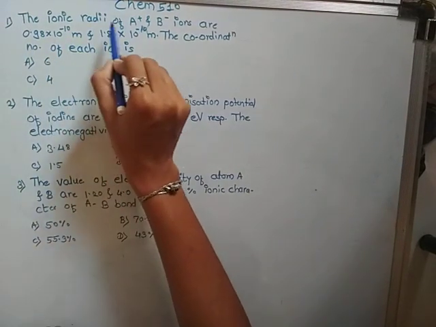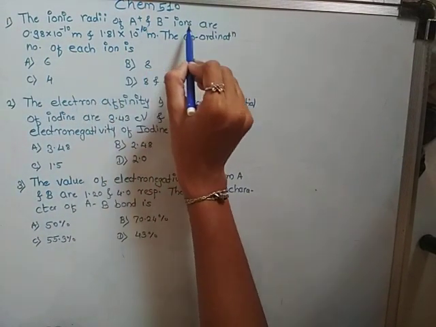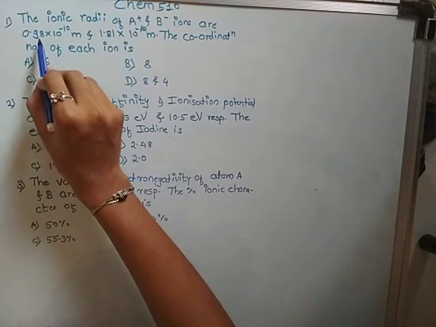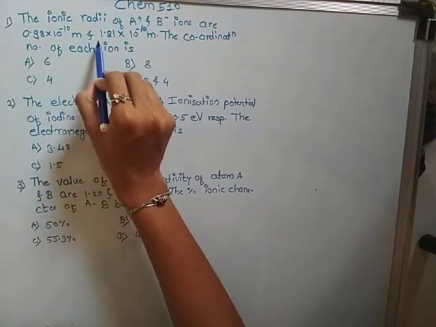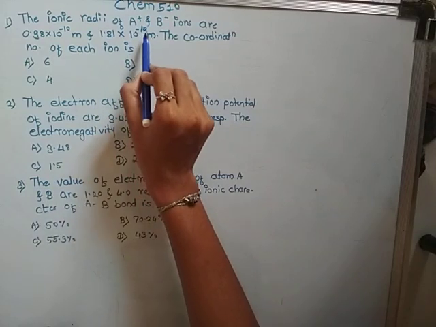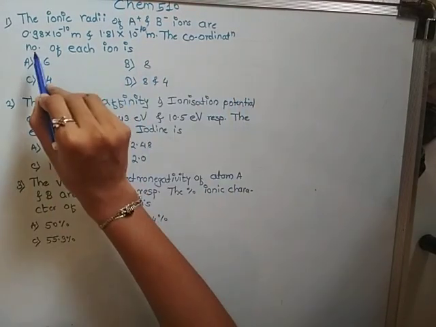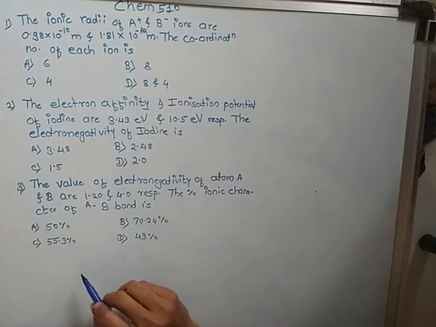The ionic radii of A plus and B minus ions are 0.98 into 10 raised to minus 10 meter and 1.81 into 10 raised to minus 10 meter. The coordination number of each ion is.